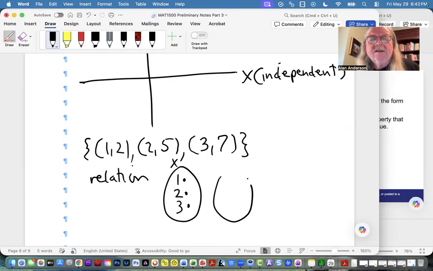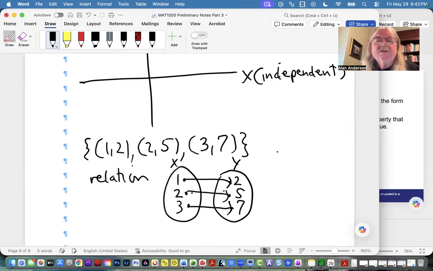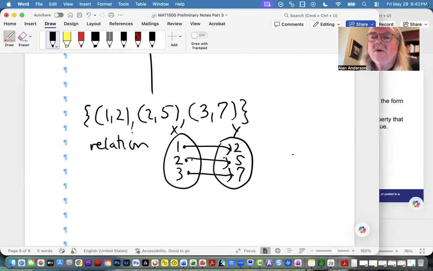And here are the y's. What are they? 2, 5, and 7. And in this case, as you see, when x is 1, it is associated with y equals 2. X equals 2 is associated with y equals 5. And x equals 3 is associated with y equals 7. So this set of ordered pairs is a relation and a function.